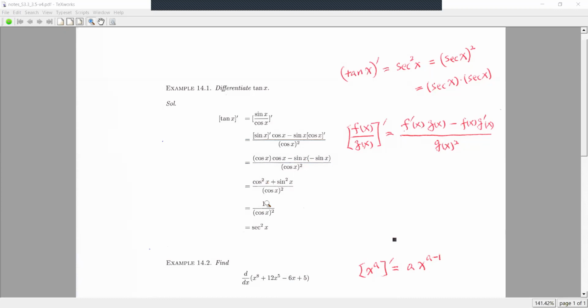This is a well-known formula from trigonometry class. So derivative of tangent is 1 over cosine square. 1 over cosine is secant. So 1 over cosine square is secant square. So we get this formula for tangent.